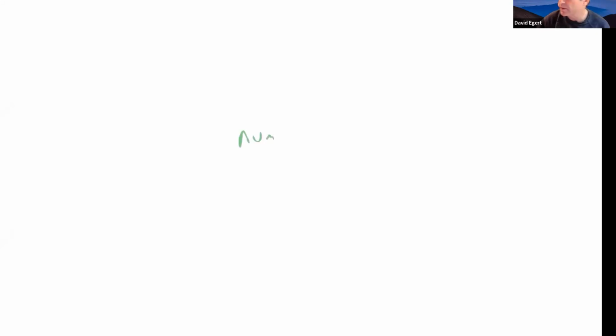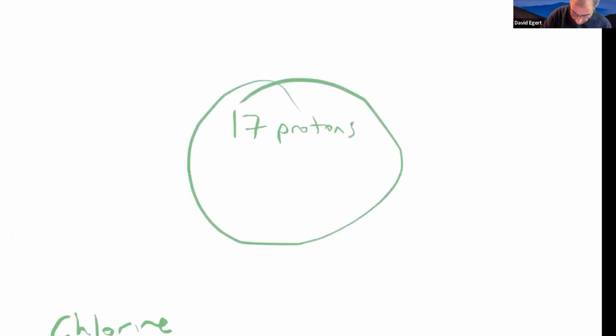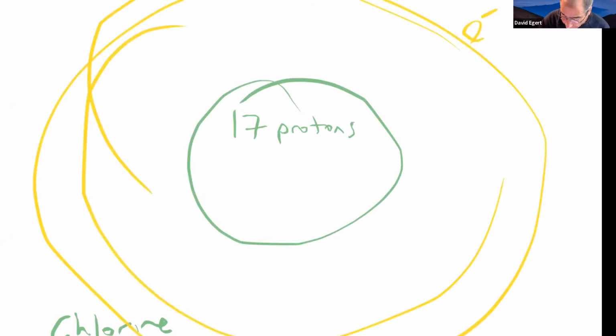So let's look at chlorine. Chlorine has 17 protons and has these electrons on the outside. It might have 17 electrons if it's balanced, but in general, chlorine has a valence shell that only has, I don't know if you remember valence shells, it's the outermost shell of the atom.